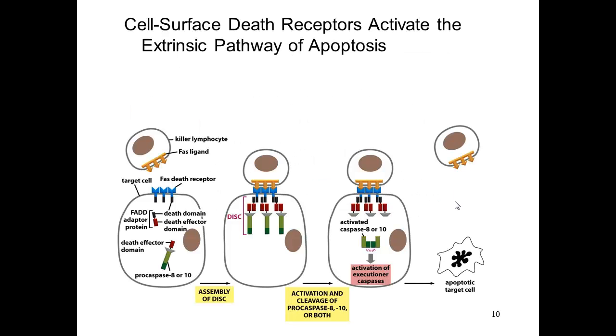The two mechanism pathways that activate apoptosis are the extrinsic and the intrinsic pathway. Quantitatively, the intrinsic pathway, which we'll see next, is more predominant, but the extrinsic pathway is very important too. This is a pathway where the signal comes from extracellularly. Here's the target cell.